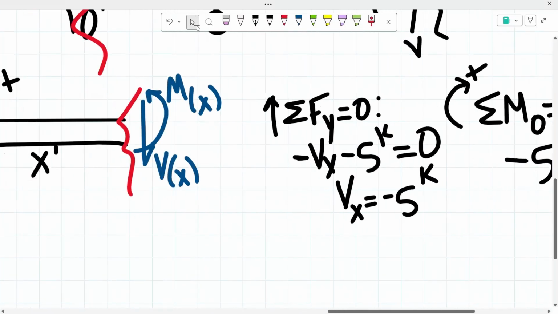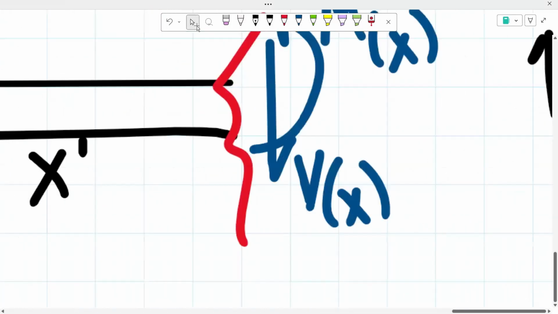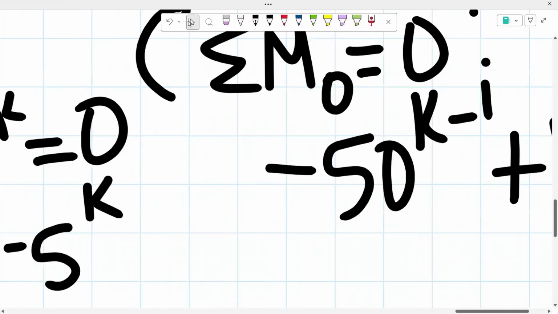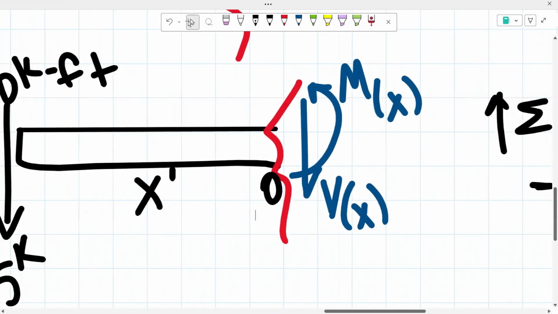Sorry, I didn't clarify this: we're taking the moment about this point right here. We're going to call that point O, which is why I wrote here that the sum of the moments about point O has to equal 0. So we have our 50 kip feet and our positive moment happening right there.